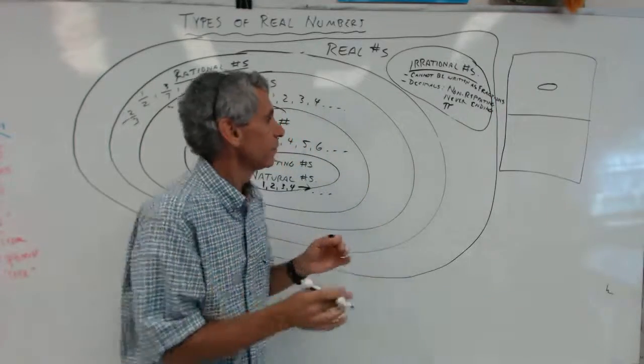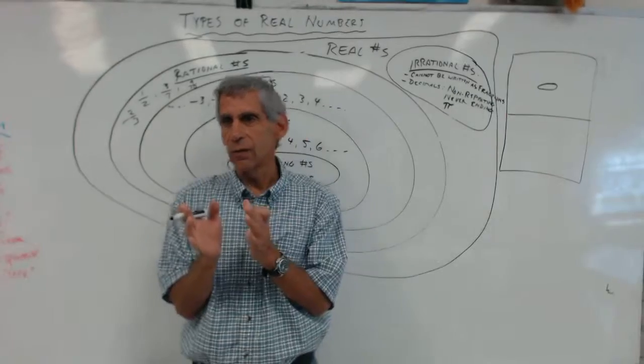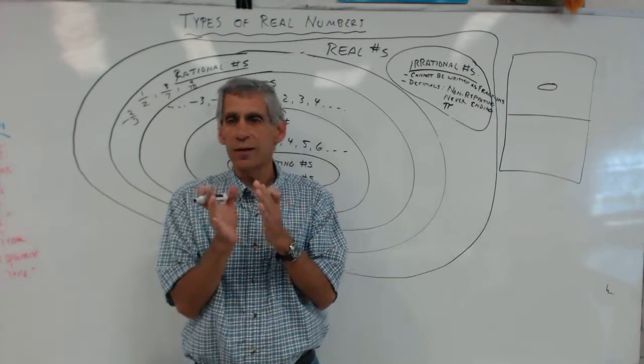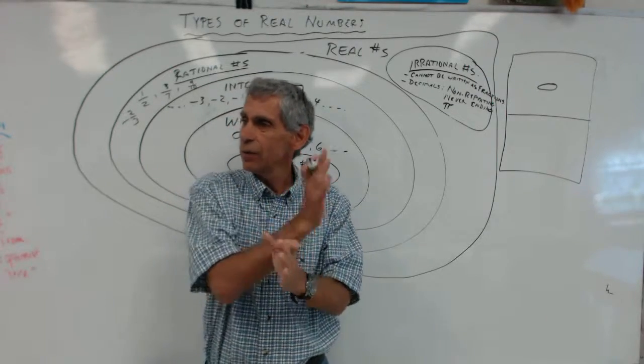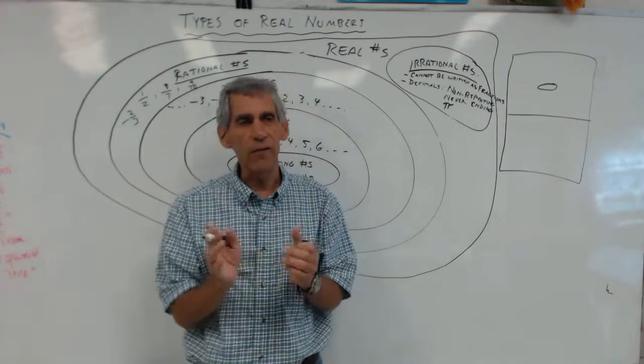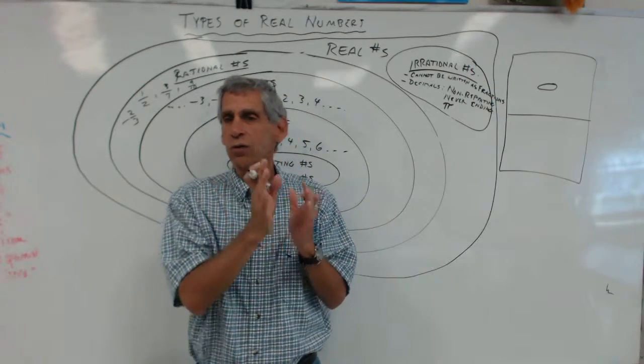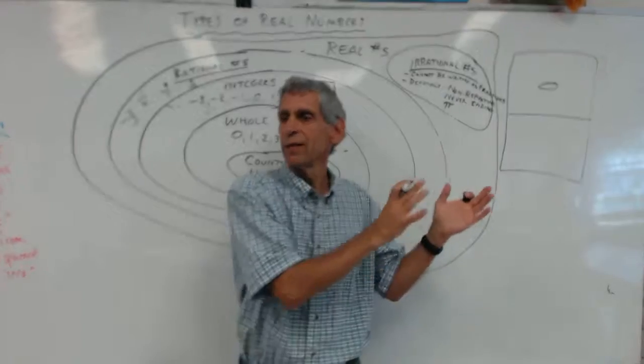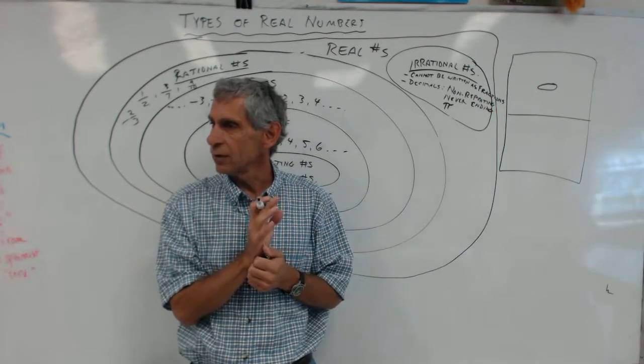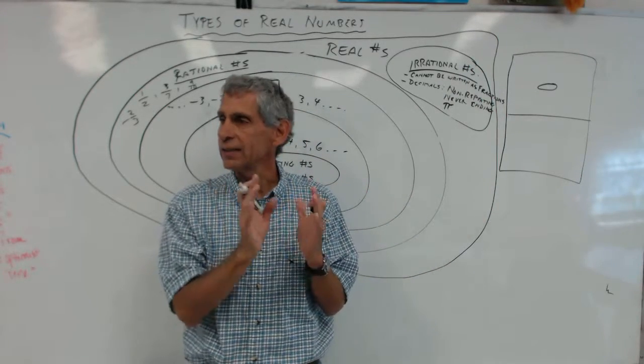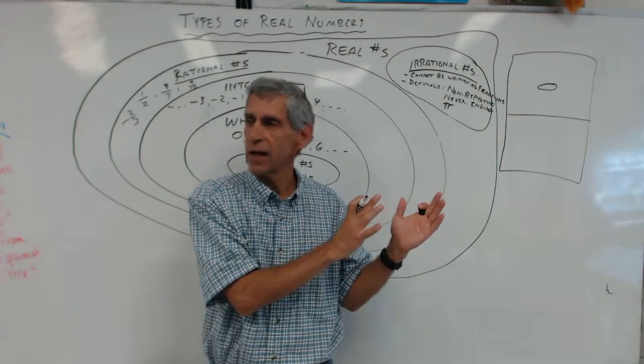It would be any number that does not have a set repeating pattern. If I had 4.123 repeating, that would not be irrational. If I had 4.6666666, that's repeating. That's not irrational.